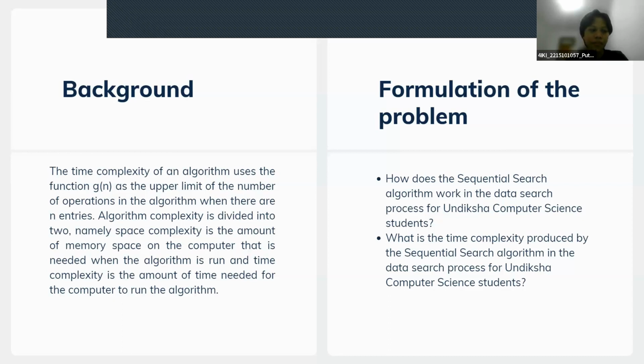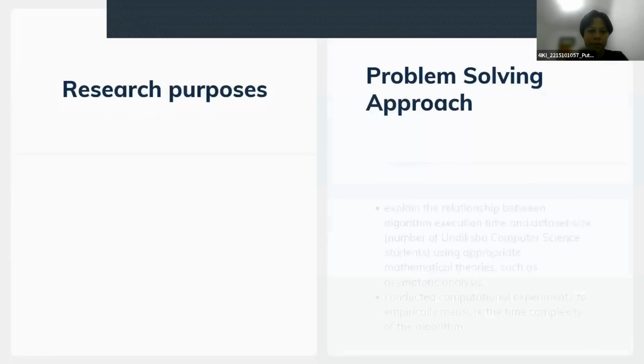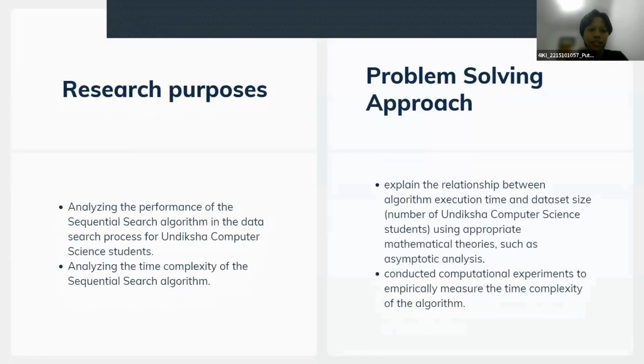Next, we have the purpose, or research purpose. The first one is analyzing the performance of the sequential search algorithm in the data search process for Undiksa computer science students. Then the last one is analyzing the time complexity of the sequential search algorithm.